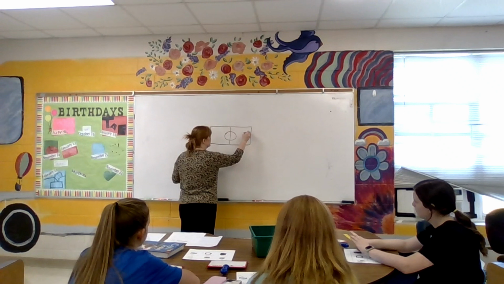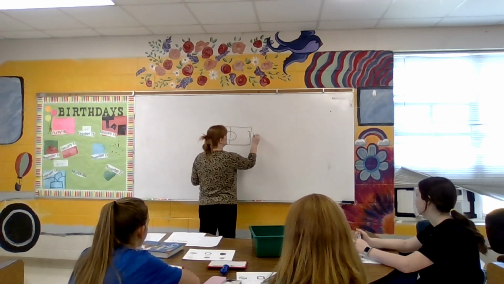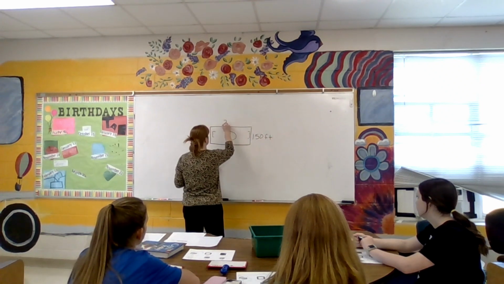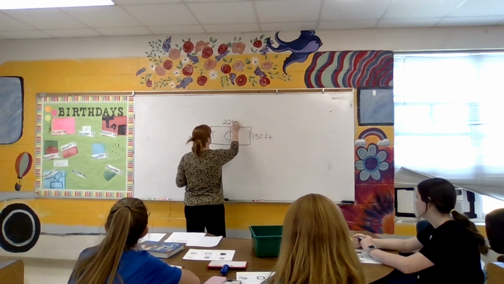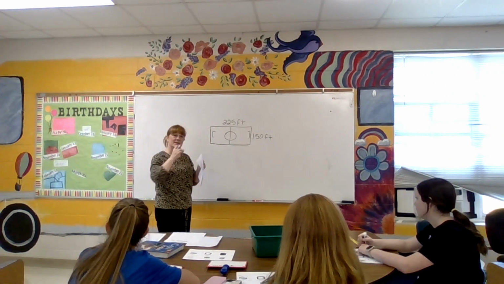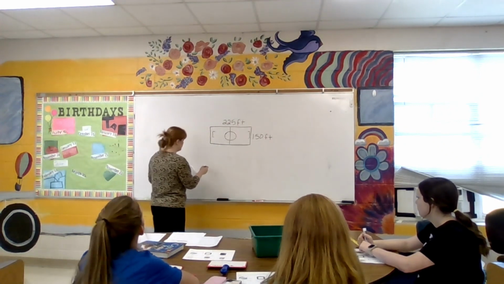Okay, all right, our soccer field is 150 feet wide, and it is 225 feet long. To find the perimeter, all we need to remember is that we need to add the sides. There's two different formulas we could use.